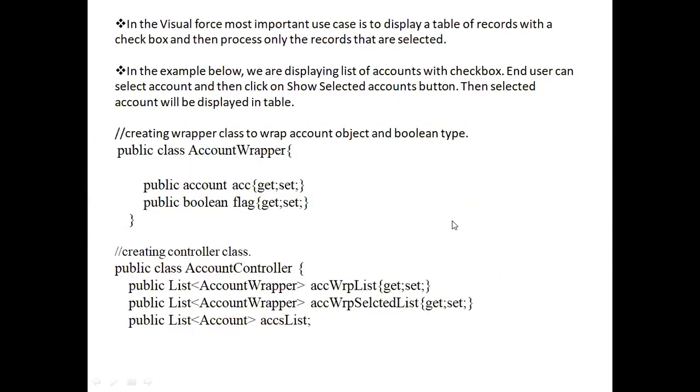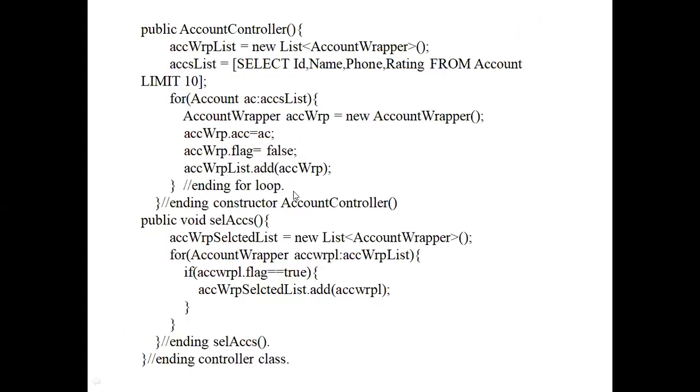Same like here, another example. In Salesforce, the most important use case is to display a table of records with a checkbox, then process only the records that are selected. For this, we have taken a list of accounts with a checkbox, and then I have displayed only the selected accounts in another list.